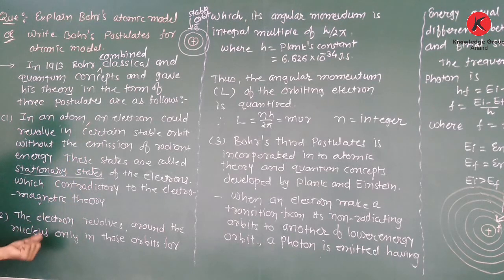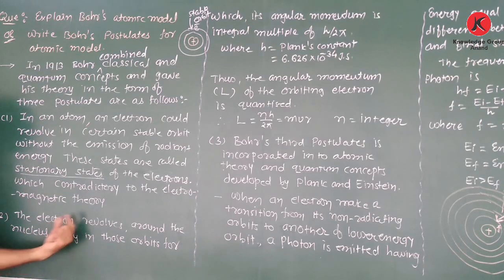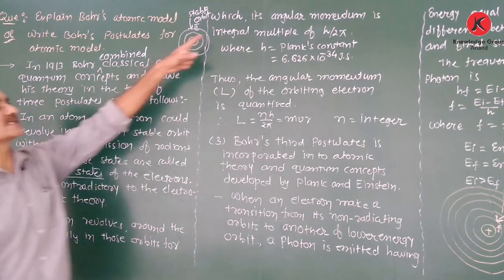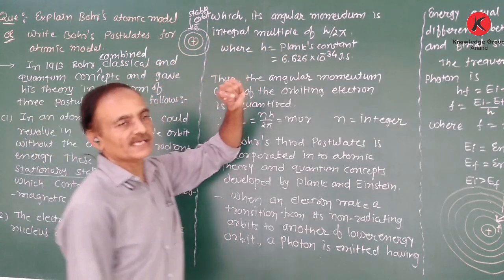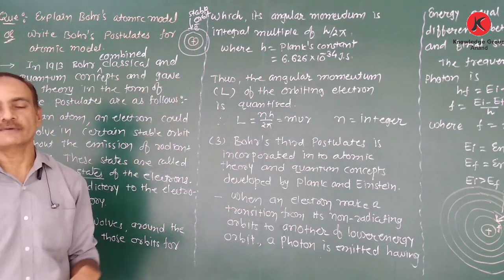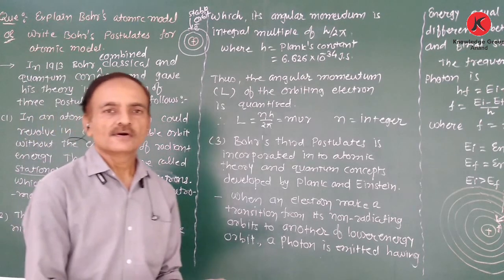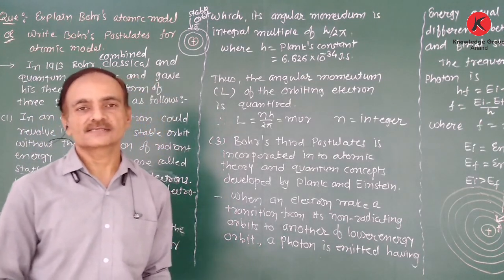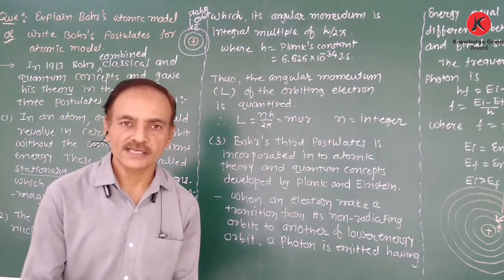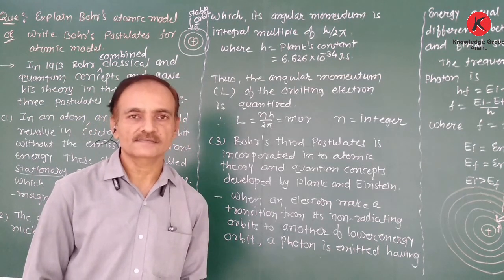Now the second postulate: the electron evolves around the nucleus only in those orbits for which its angular momentum is an integral multiple of h upon 2 pi. Out of the numbers of orbits around the nucleus, the electron cannot evolve in any orbit according to its energy.